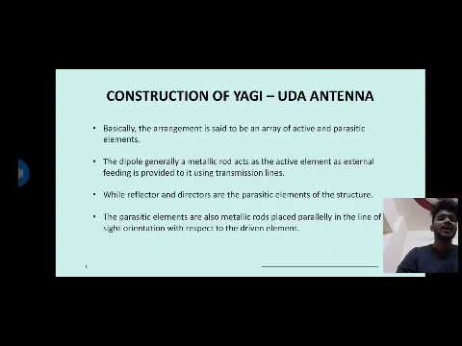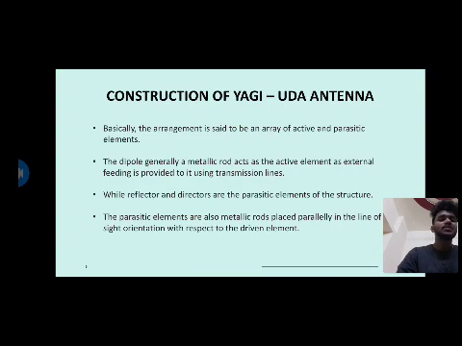Construction of Yagi antenna. Basically, the arrangement is said to be an array of active and parasitic elements. The dipole, generally a metallic rod, acts as the active element as external feeding is provided to it using a transmission line, while reflectors and directors are parasitic elements of the structure. The parasitic elements are also metallic rods placed parallelly in line of sight orientation with respect to the driven element.